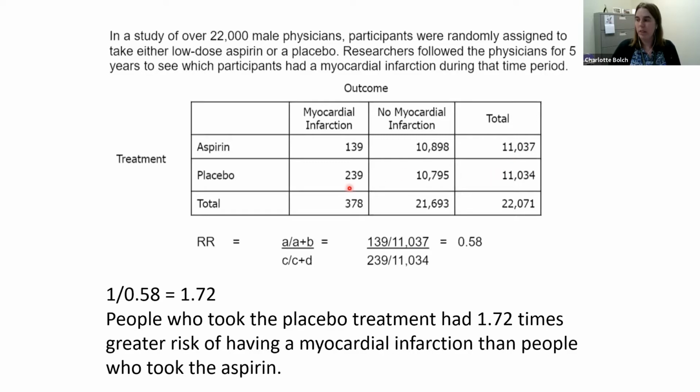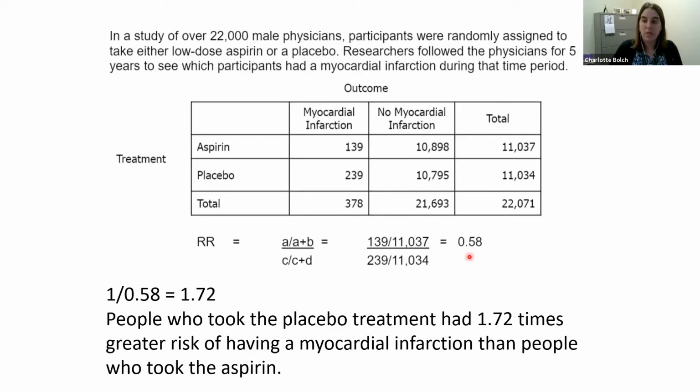That's the numerator. In the denominator, we take the number of people in the placebo group that had an MI divided by the total number of people in the placebo group. And we get a relative risk ratio of 0.58.